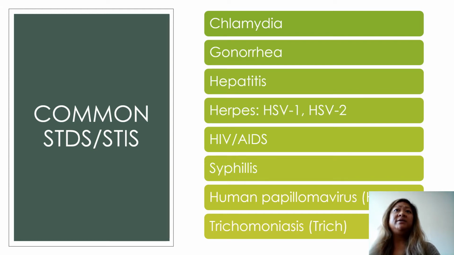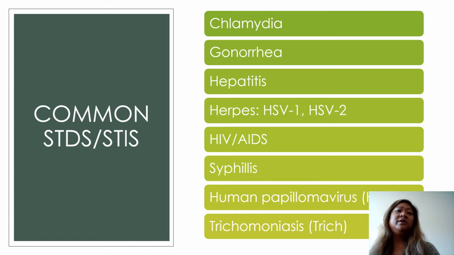Syphilis can lead to serious health conditions if left untreated. Syphilis is divided into primary, secondary, latent, and tertiary stages. HPV is a virus that can cause genital warts and cancers. In 2018, there were 43 million HPV infections.